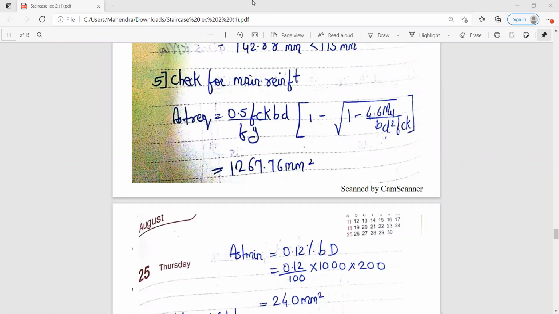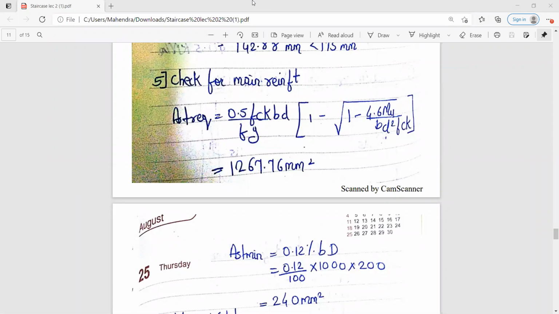Yes, anyone from you? D कितना substitute करोगे? Yes, D is 175. So D is 175 in bracket 1 minus under root of 1 minus 4.6 mu.